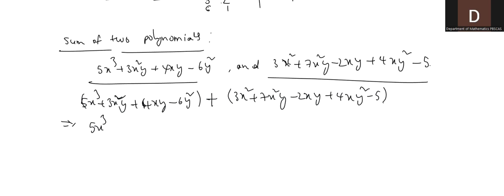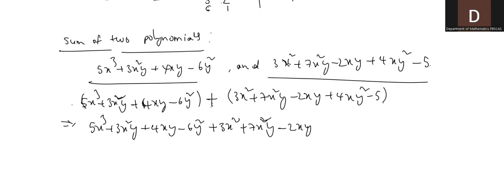The first polynomial has a positive sign before it, so I am writing it the same as it is. And the second polynomial has a plus sign before it, so we can multiply the plus sign with the total polynomial. Plus into 3x square, plus into plus 7x square y, plus into minus 2xy, plus into plus 4xy square, plus into minus 5.